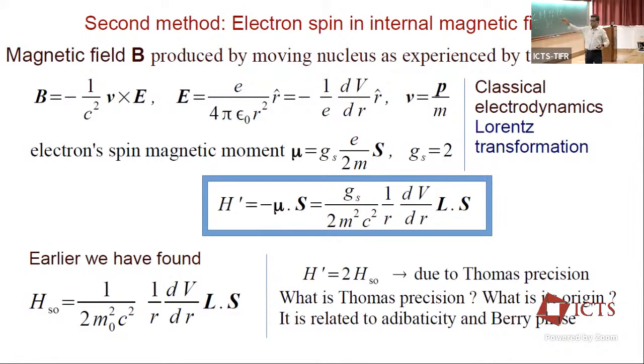And because there is this difference, while considering the spin motion, you can consider the orbital motion as a parametric dependence on the spin motion. Then you can calculate in this way also.